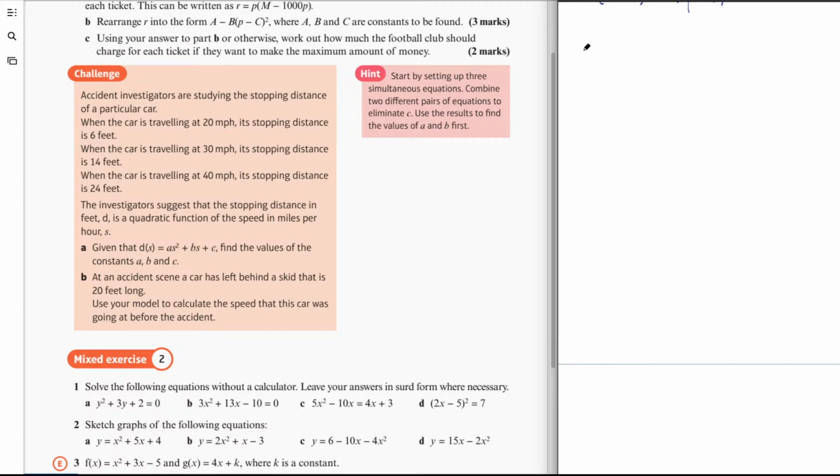Oh, and then I have to go. It says accident investigators are studying the stopping distance. Actually, maybe I'll leave this to the next one because it's quite involved. It might take a bit of time. So I'll leave that till the next one. I can fit it in at the start of the other one. So if you have any other questions right now, we can go through those.